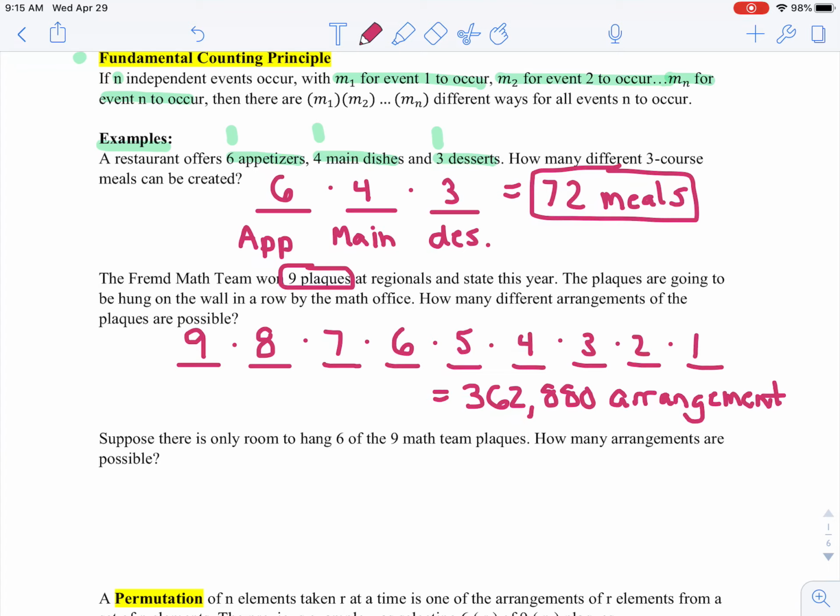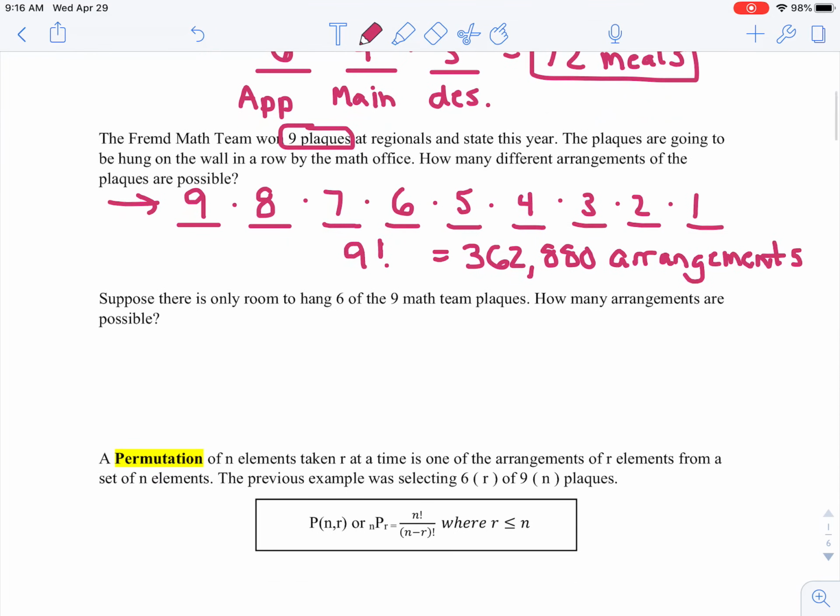So quite a bit of them. Now, this could have been done a little bit quicker if you think back to what we learned last year in 7.4. This calculation right here is the same as 9 factorial. So you could actually go ahead and use 9 factorial to get that as well.